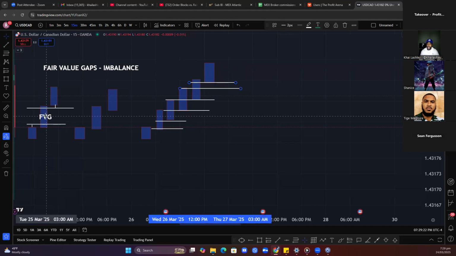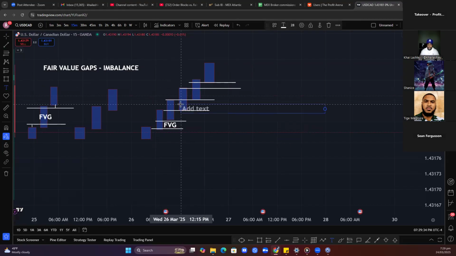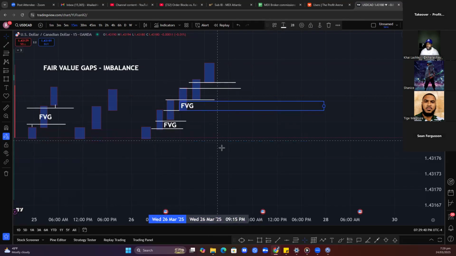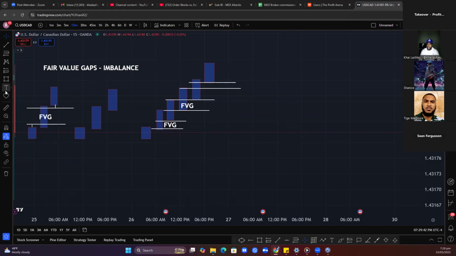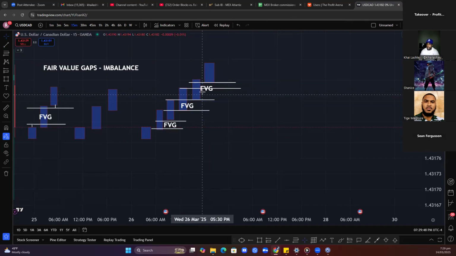All right. So here we've got multiple areas of fair value gaps. We have a space right here. We have a space right here. And then we have a space right here, as your next gap.